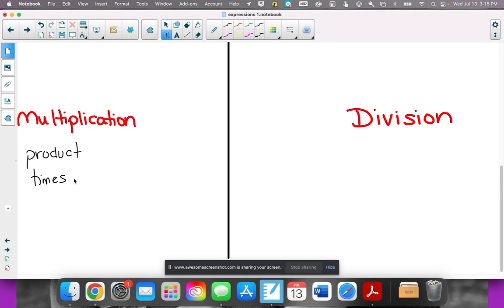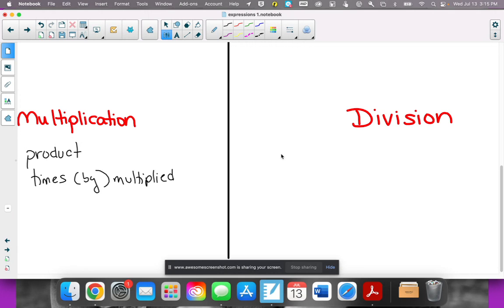Times or times by. You can also put that as multiplied by, but again, you're using the root word in there, so we should know what operation is being done. Again, if you come up with any more, just let me know.